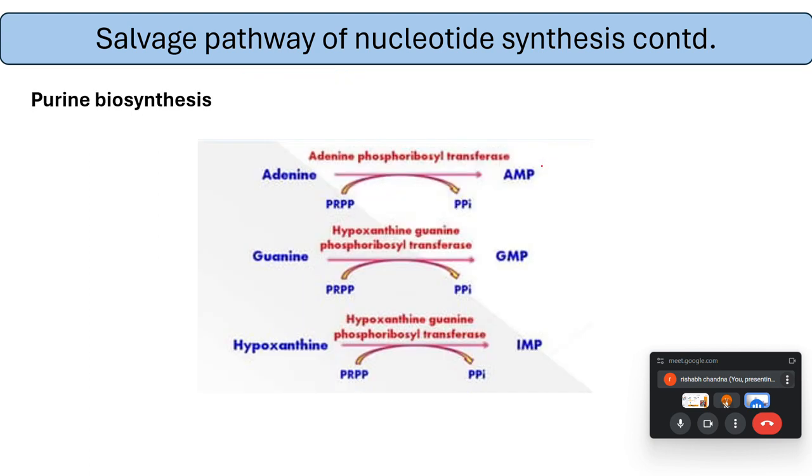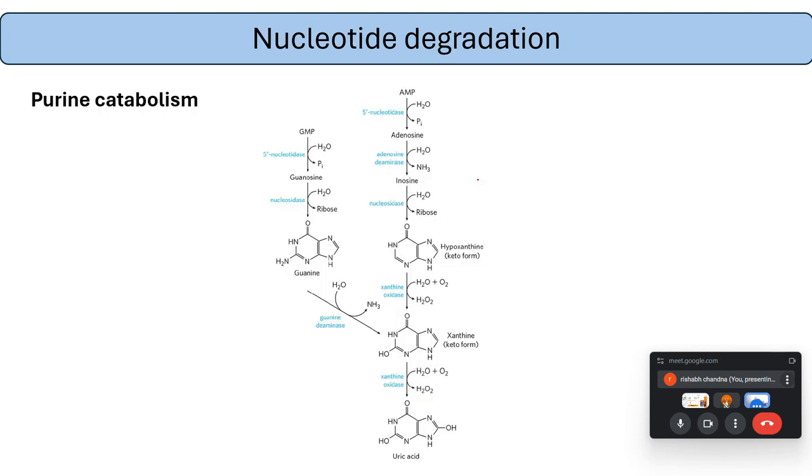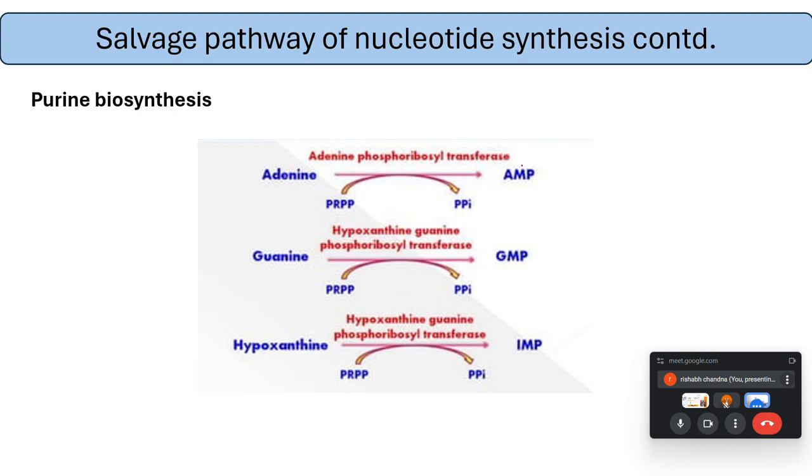Moving on to purine biosynthesis. The purines are adenine and guanine. In the case of adenine, the same way, PRPP is the source of ribose 5-phosphate.